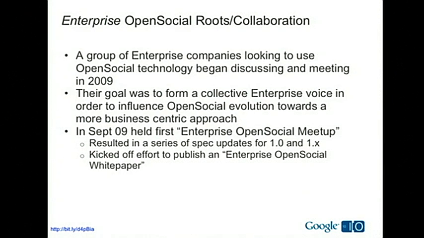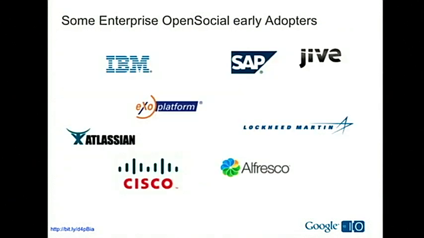And it turns out that Jive and Atlassian, Cisco, SAP, we all have the same sorts of concerns. And we said, this is a way we can work in the open, transparently and collectively to advance this specification, because interop works good for all of us, right? That's a shared goal that we have. So one of the things that we did was we had a meetup in September, and we started working on this white paper, thinking about how we go off and define this.